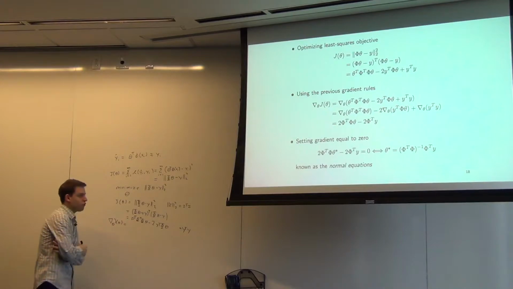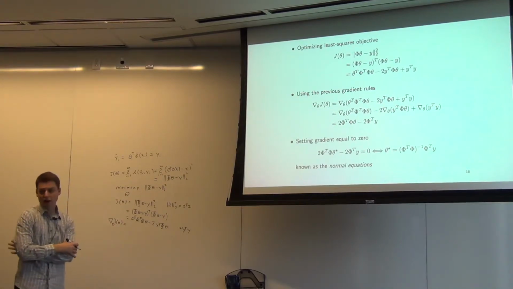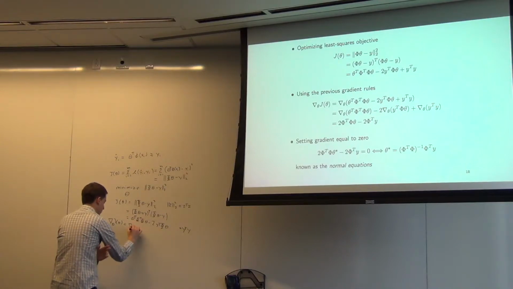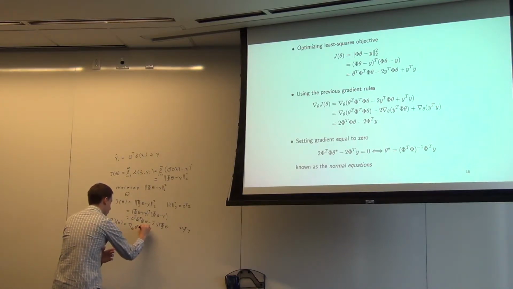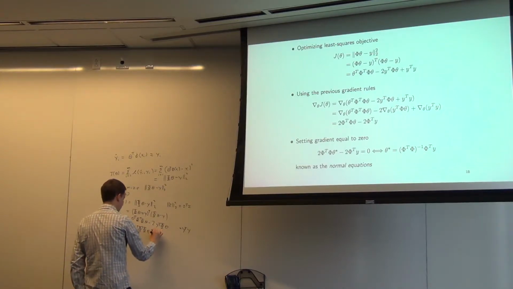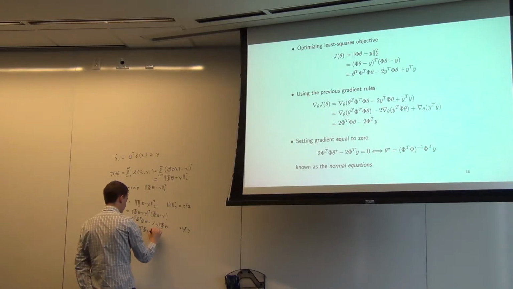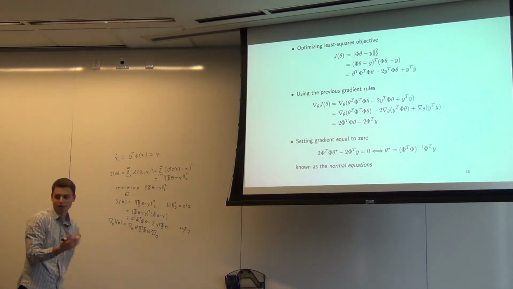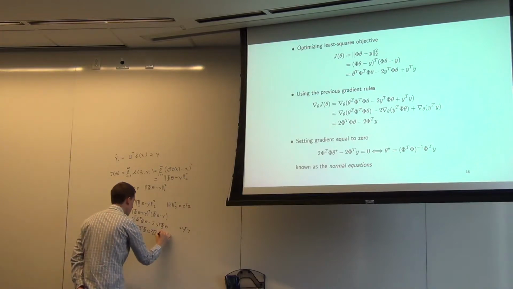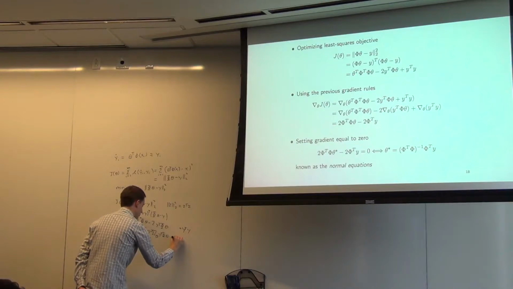Remember, first of all, we can distribute the gradient to each of these terms. So it's equal to the gradient with respect to theta of theta transpose phi transpose phi theta, minus the gradient with respect to theta of, actually I'll just move the 2 out immediately, we can move constants outside of those things, 2 y transpose phi theta, plus the gradient with respect to theta of y transpose y.